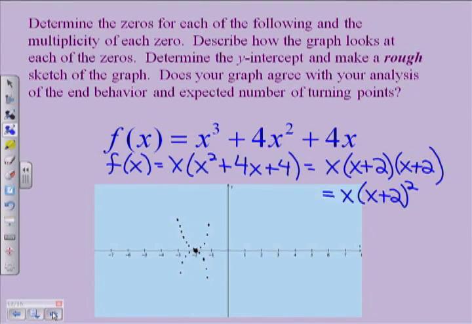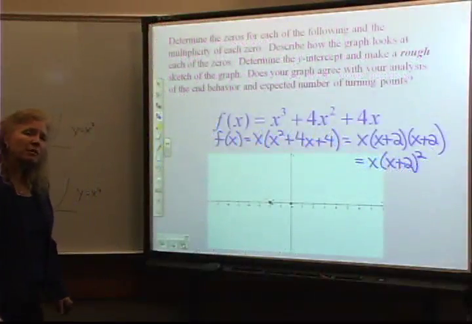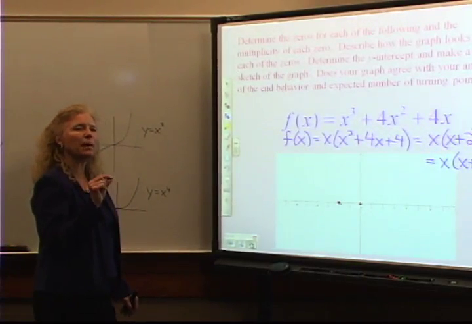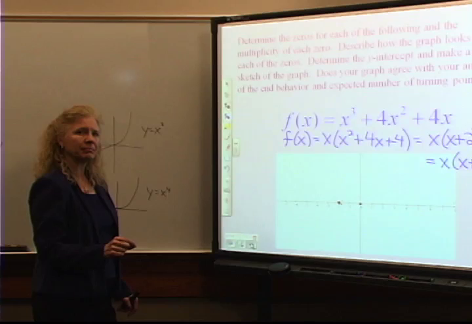He's going to bounce. I'm just not sure yet from which way he's coming. And then at 0, I go through the axis. Again, I don't know if I'm coming down through the axis or going up through the axis, which means that I really need to pull some other information. And that other information is, what is my end behavior?